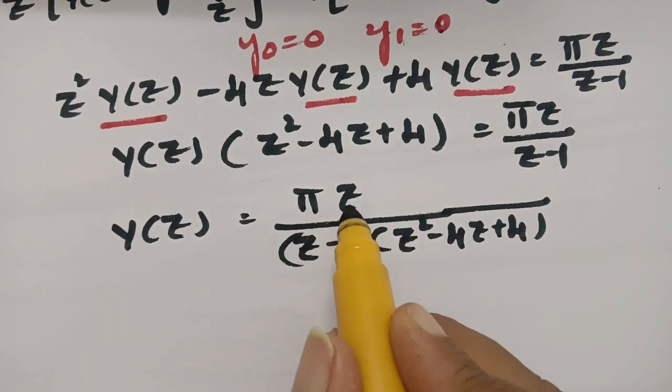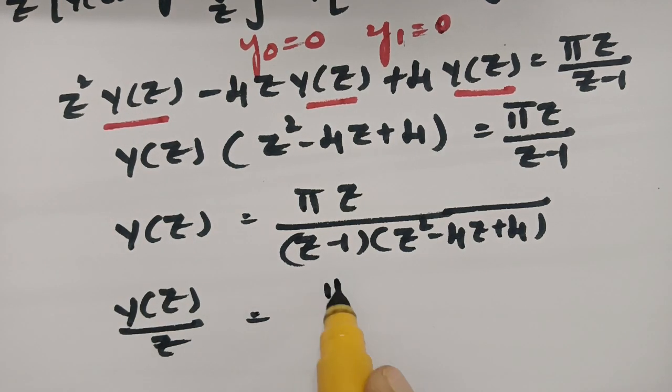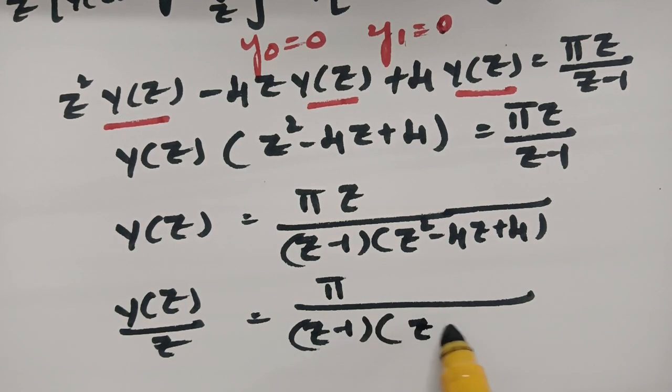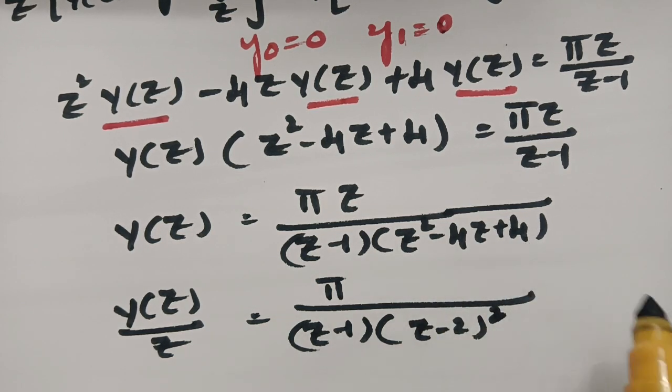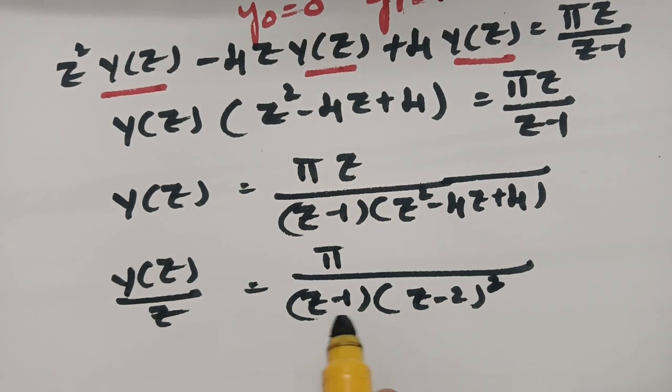Now if I send this z to the other side, Y(z) by z is equal to π times 1 by (z - 1)(z - 2)². Clear? I am writing z² - 4z + 4 as (z - 2)². So after that I have to resolve it into partial fractions.